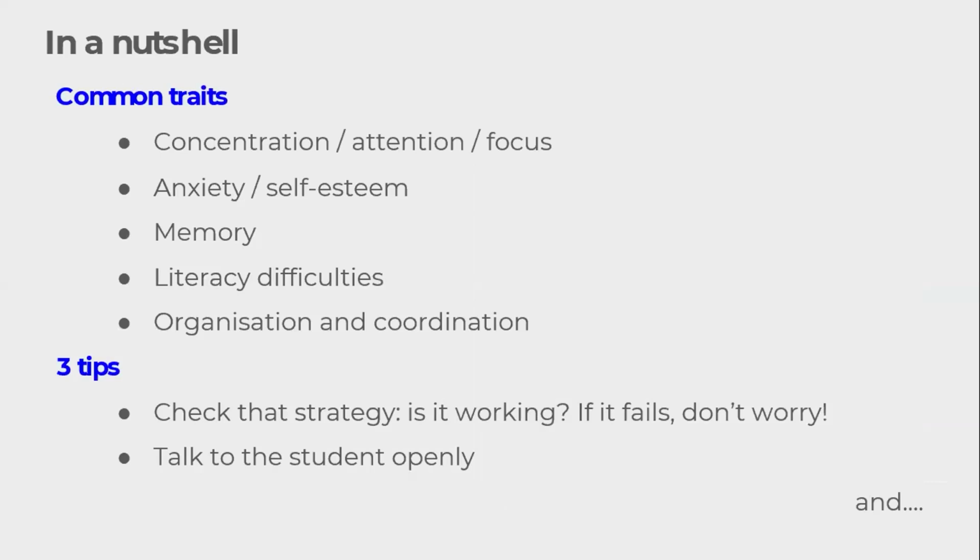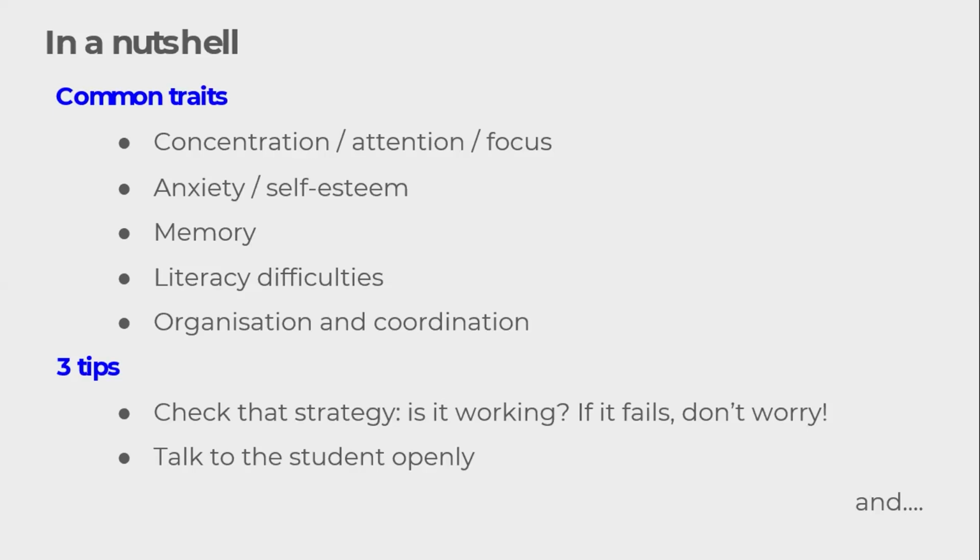Now, in a nutshell, the common traits of neurodivergent students are concentration, attention and focus, anxiety, self-esteem, memory. They might have literacy difficulties, and organization and coordination. To work with them, I offer 3 tips. Check the strategy. Is it working? If it fails, just don't worry.